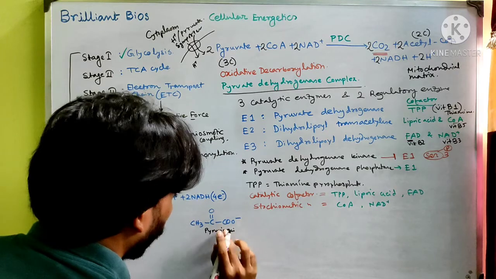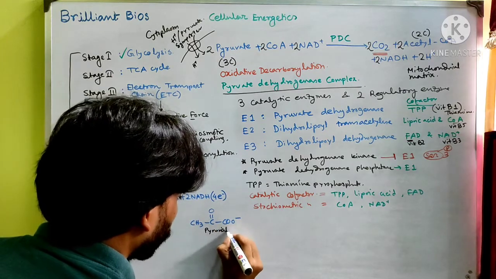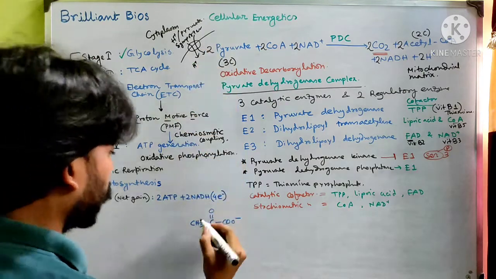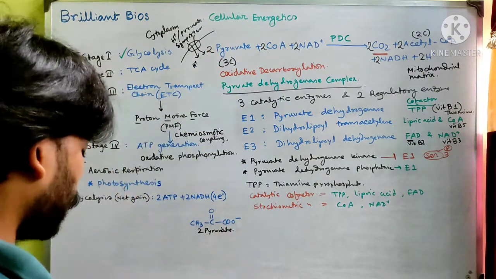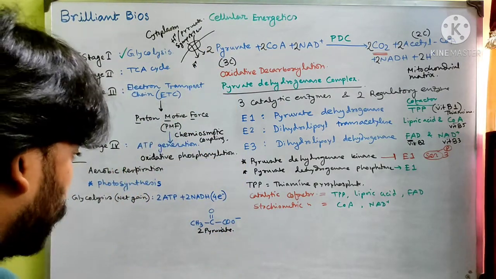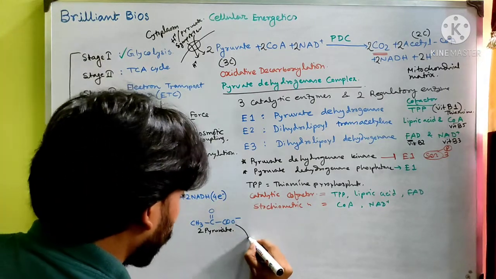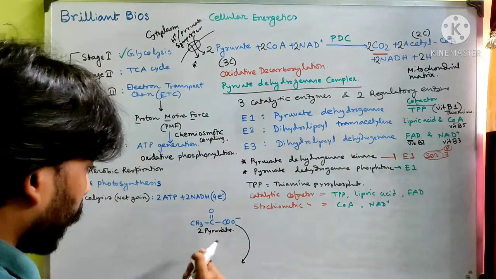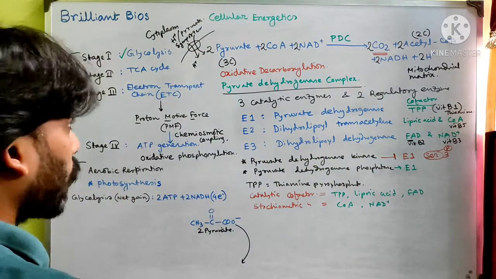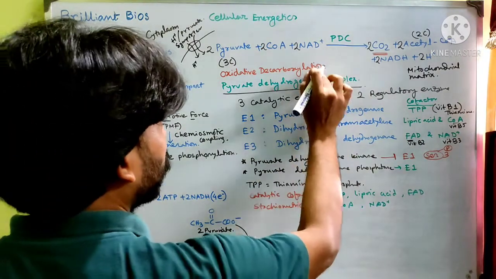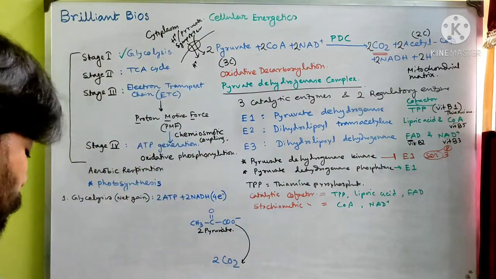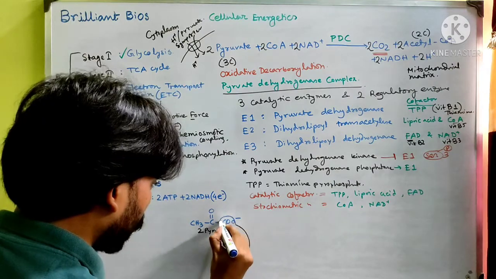Pyruvic acid, or simply pyruvate, is the end product of glycolysis. So there are 2 pyruvic acids. These are decarboxylated by the enzyme pyruvate dehydrogenase, and it will release 2 carbon dioxide. The first reaction is the decarboxylation reaction. Now these are the carbon source of this carbon dioxide.